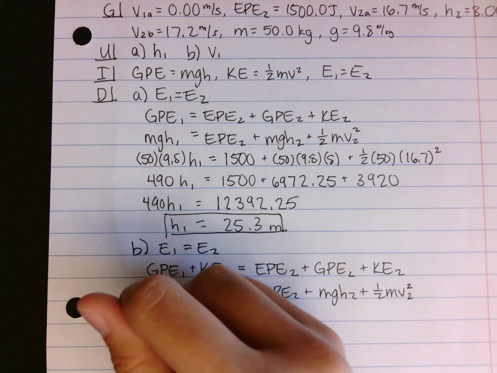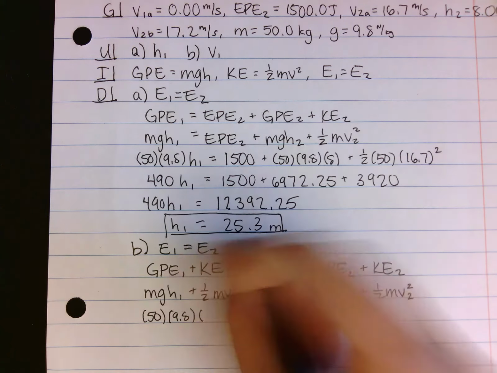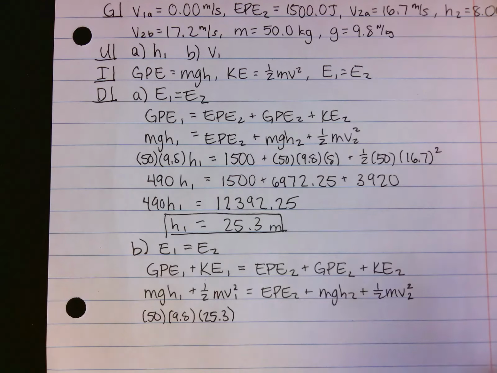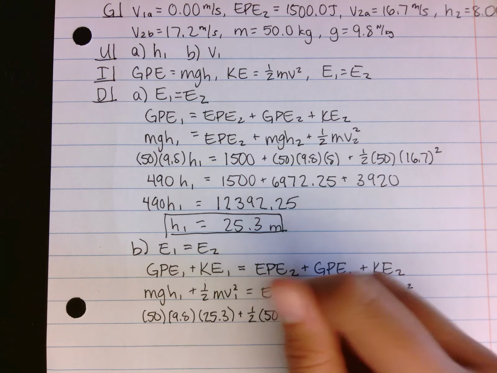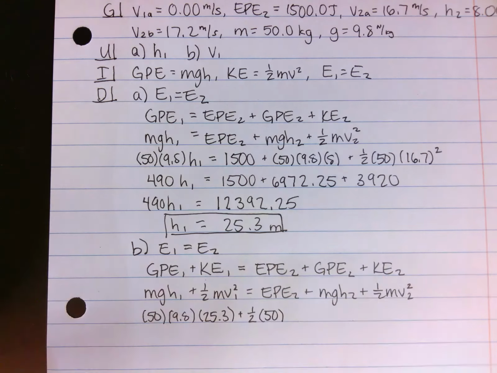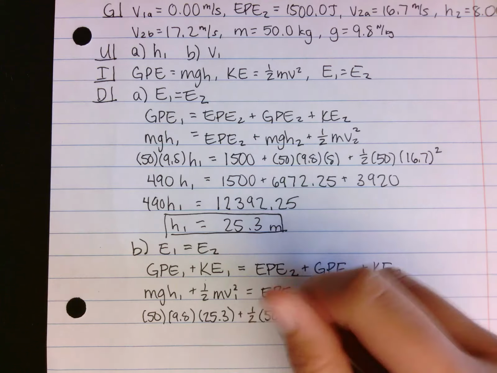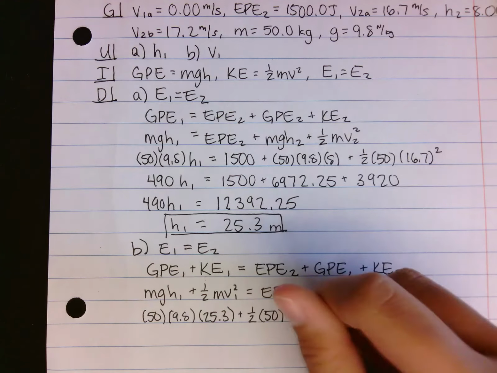And now when we plug in the variables, we get 50, 9.8, and we know H1 is 25.3. So we can plug that in, and we add 1/2, 50, and we don't know V1, so we'll just keep it at that.